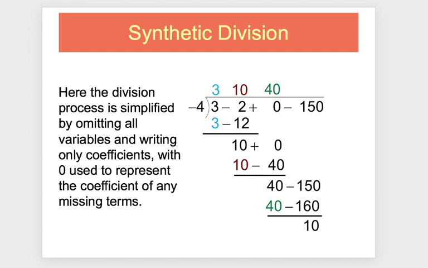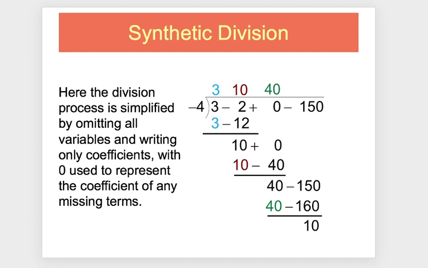So if we look at the example, let me see here. I'm now in the digital whiteboard. Arrows are pointing down. I hope you're following along. So we have this example.